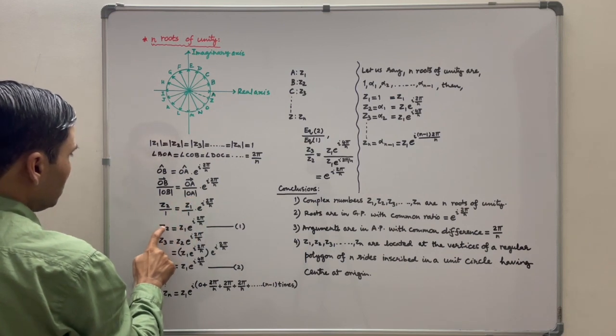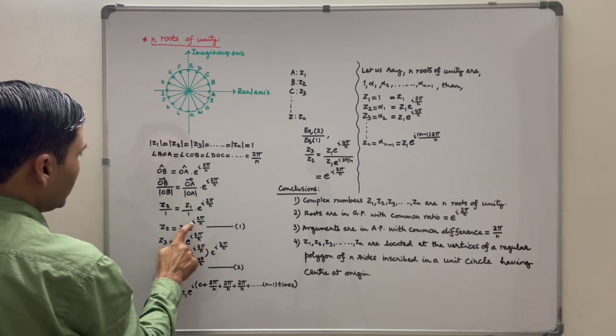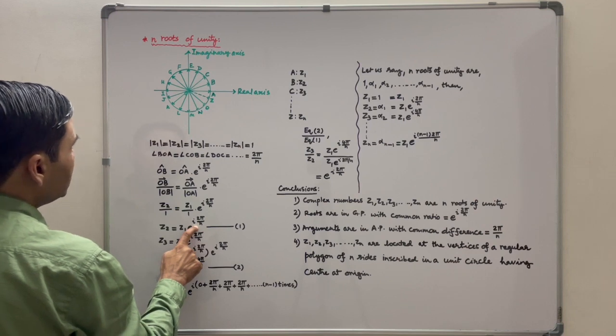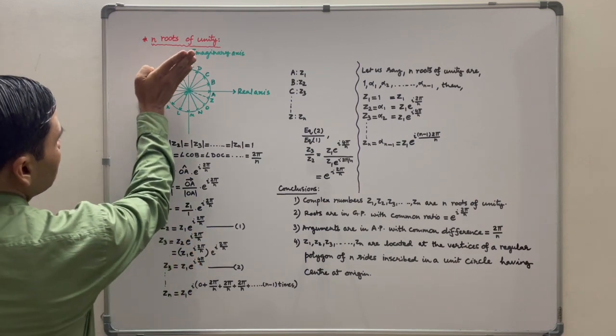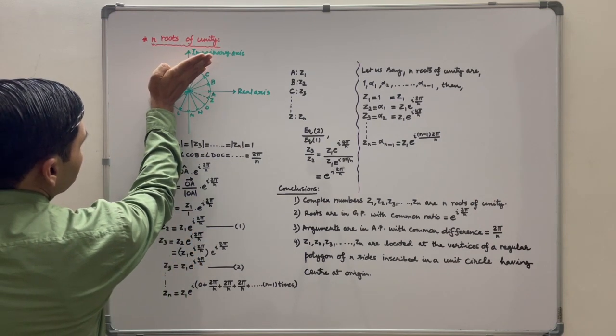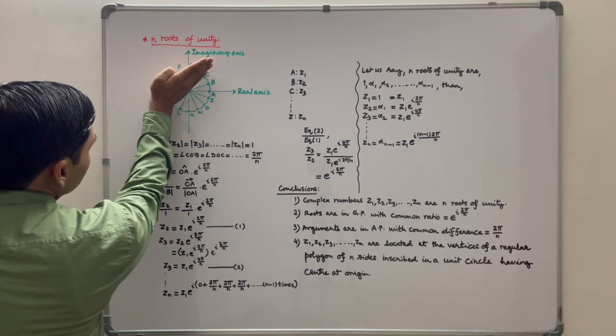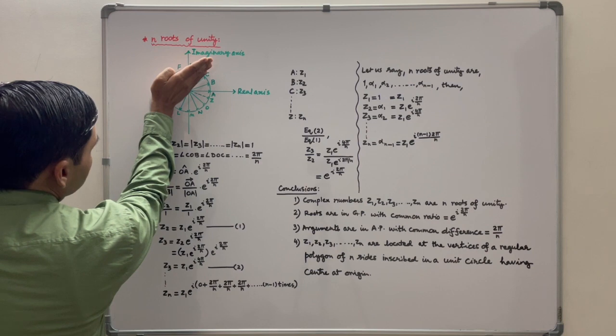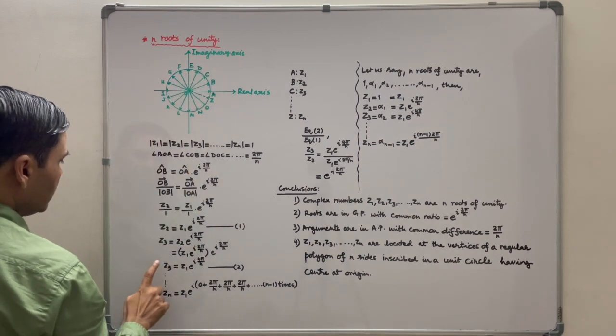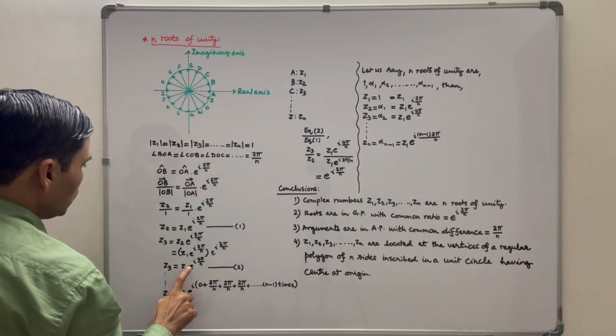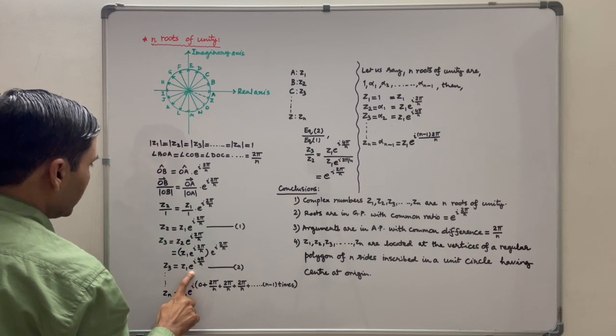So z2 is equal to z1 into e to power i 2 pi by n. Similarly, we will get unit vector OC by rotating unit vector OA by angle 2 pi by n plus 2 pi by n, that is 4 pi by n. So we can say that z3 is equal to z1 into e to power i 4 pi by n.